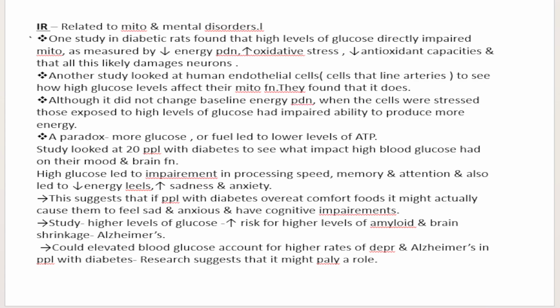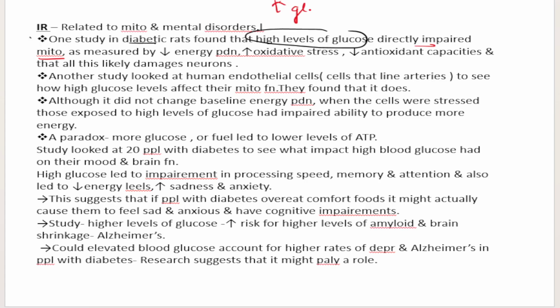Now one study in diabetic rats found that high levels of glucose directly impaired mitochondria. This was measured by reduced energy production, increased oxidative stress, an increased number of reactive oxygen species, and reduced antioxidant capacities, and all of this likely damages neurons.